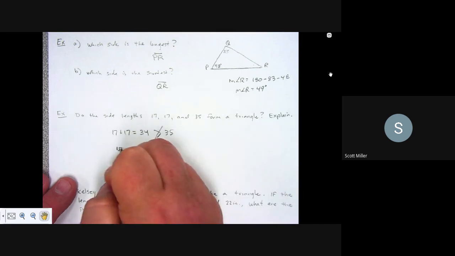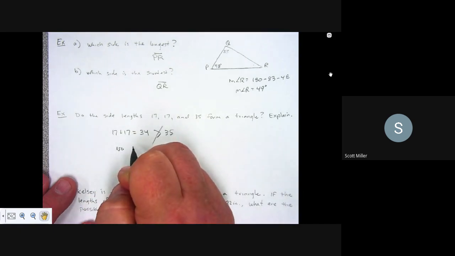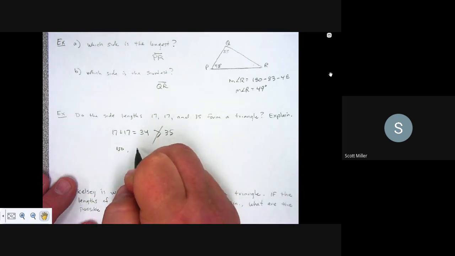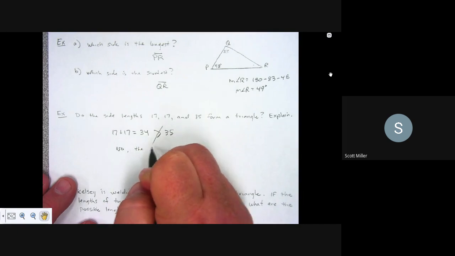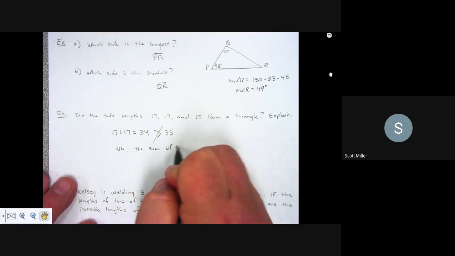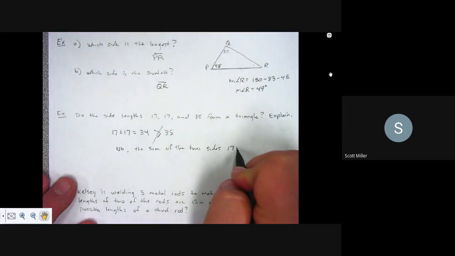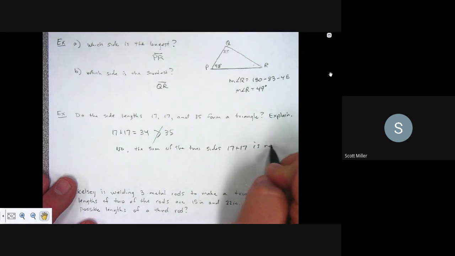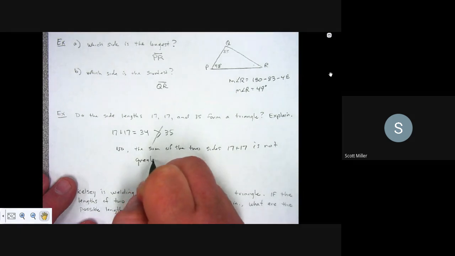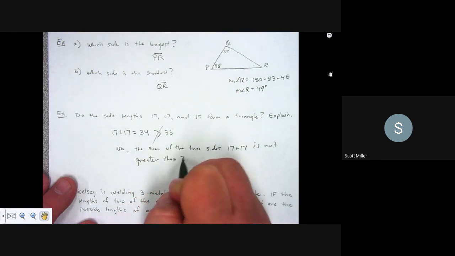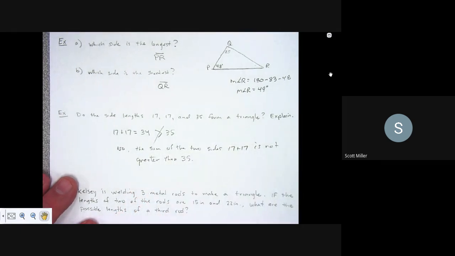So the answer is no. The sum of the two sides in 17 is not greater than 35. There's your reason, it's not.